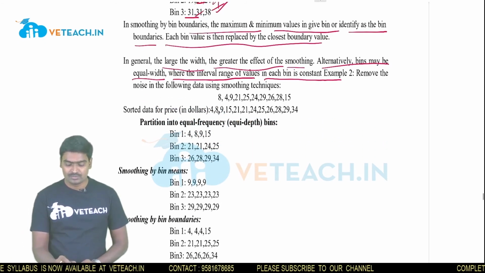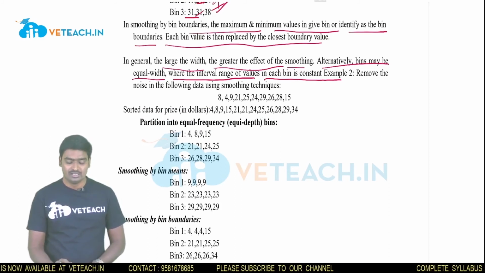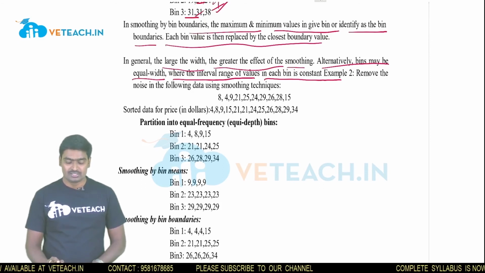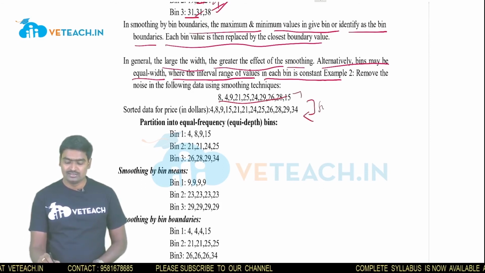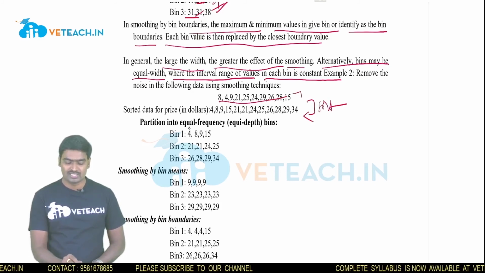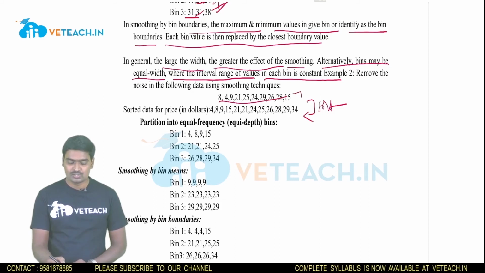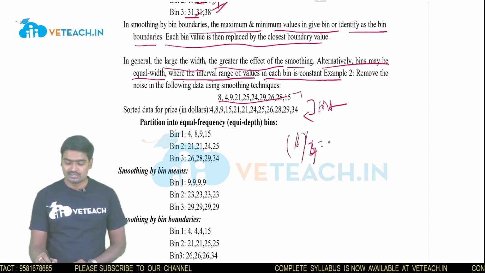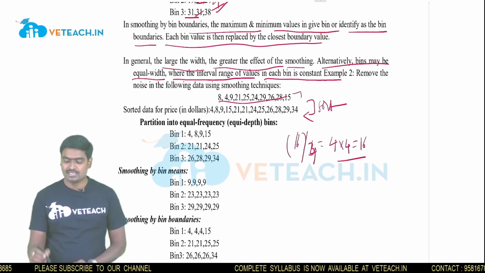Equivalent depth. First, whatever values are given, we sort the data. So this is the original record and we sort the data like this and partition into equal frequencies. So what are the equal frequencies? Total 16 elements are there. 16 by 4, 4 into 4, that is 16 elements.